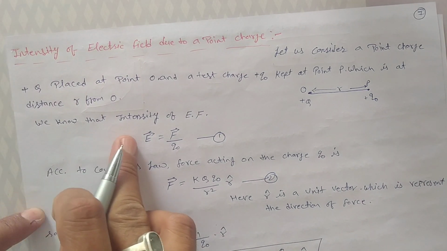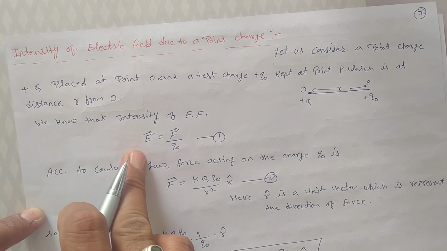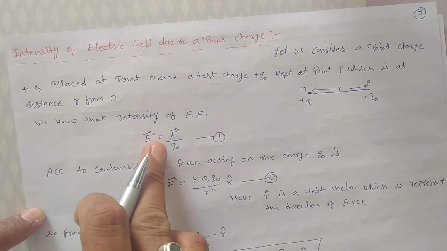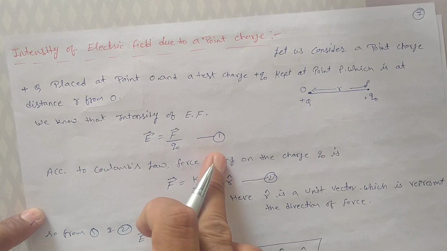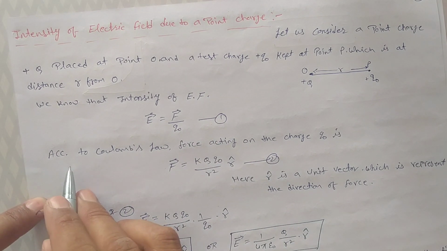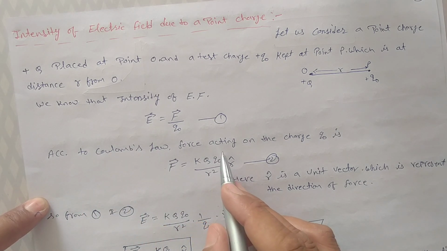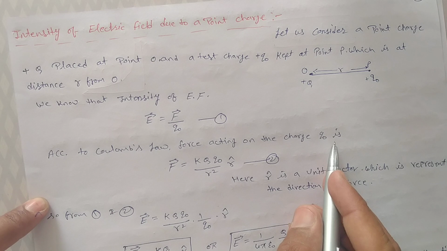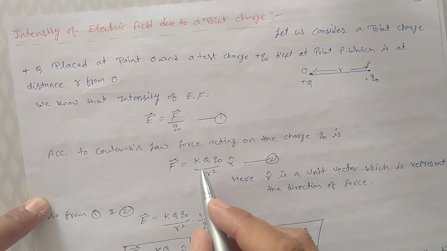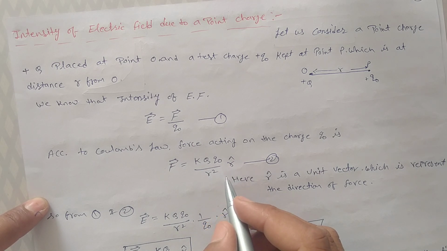We know that the intensity of electric field, by the definition of electric field, E vector is equal to F vector upon Q naught. This is equation number 1. We know very well, according to Coulomb's law, F is equal to K Q1 Q2 upon R square.